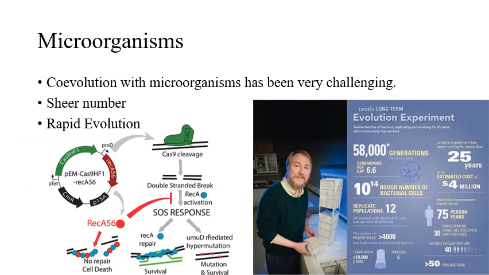Another challenge of microorganisms is that they evolve incredibly rapidly, right? Richard Lenski is really famous for his long-term evolution project, where, as of about 2014, he's raised like 58,000 generations of yeast.